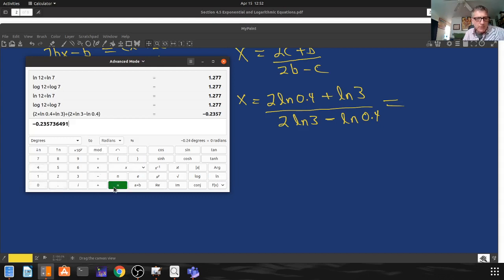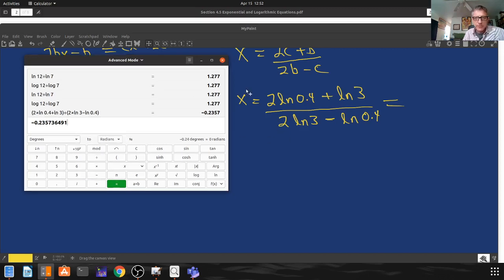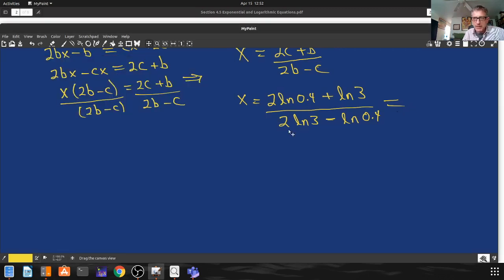And I hit equal, and I get minus 0.236. So this is approximately equal to minus 0.236.